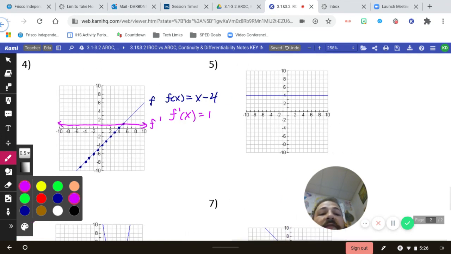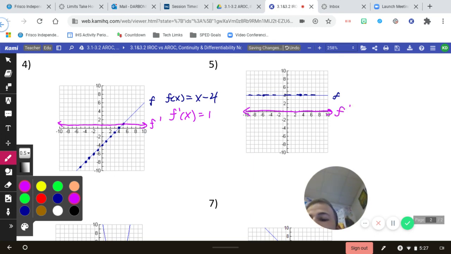So let's look at 5. Here's my f. What's my slope at any point along this line? Well, it'd just be a flat slope, which is just a slope of 0. So if my slope is 0 everywhere, then my f prime would just be a line at 0.